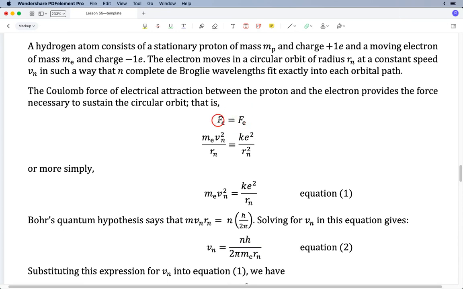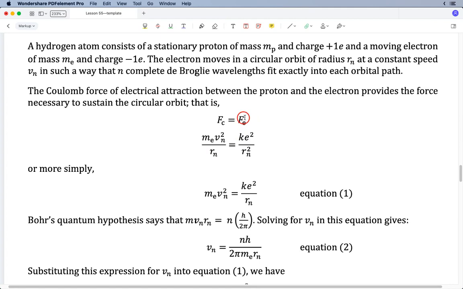So in the first part of this derivation, we're setting the centripetal force equal to the Coulomb force. The centripetal force, you may remember, is equal to mv squared over r. Here we have the mass of our electron, its speed in the nth orbit, divided by the radius of the nth orbit.